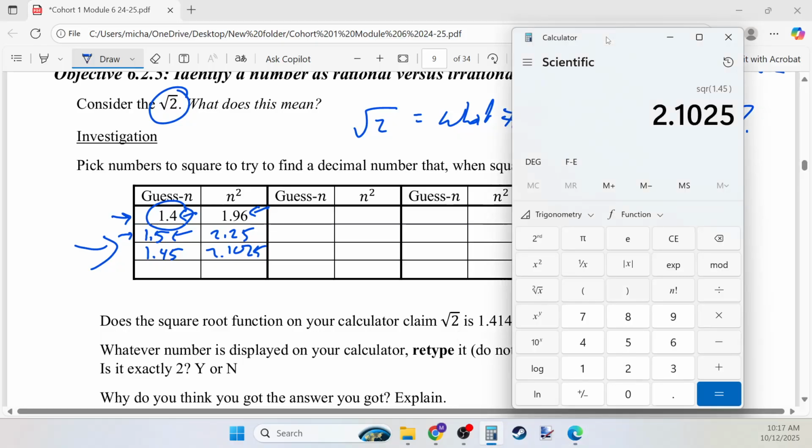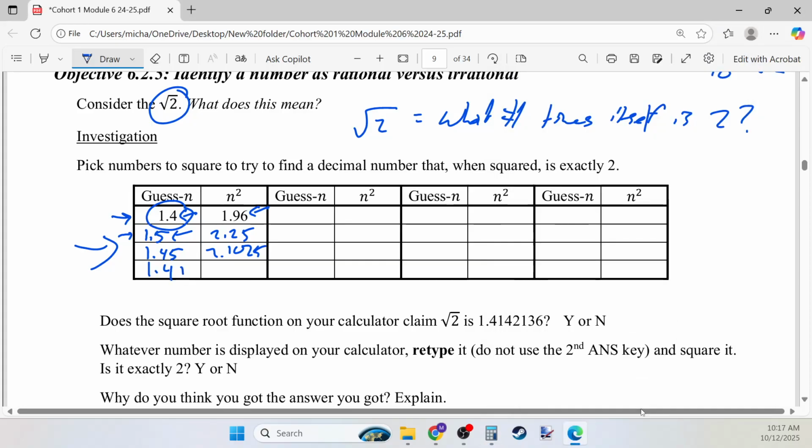So maybe I try something a little smaller. Instead of 1.45, I try 1.41. I get 1.9881. That's pretty close, but it's too small. So now I go up higher. Maybe I do 1.42.